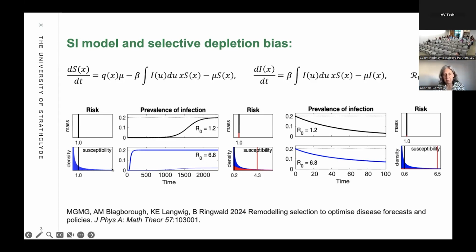The reason is that when we have a susceptibility distribution, we start the two models, one homogeneous and one with variable susceptibility. The individuals that get infected first are not random individuals. They are individuals with a higher susceptibility, individuals here at the tail of the susceptibility distribution.